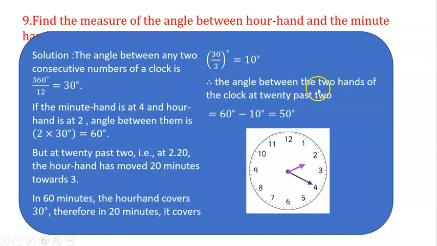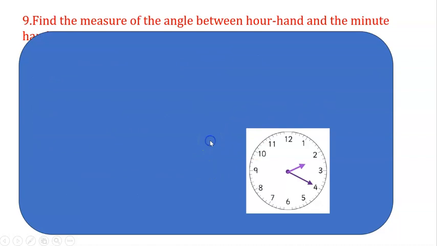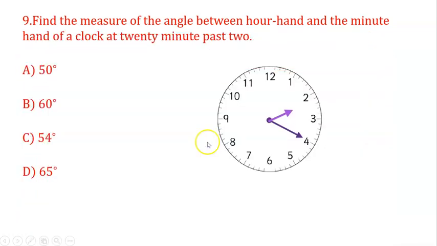And hence, the angle between the two hands of the clock at 20 past 2 will be less than 60 by 10 degrees. That is 60 degree minus 10 degree, then you will get here 50 degree, and hence option A is correct here.